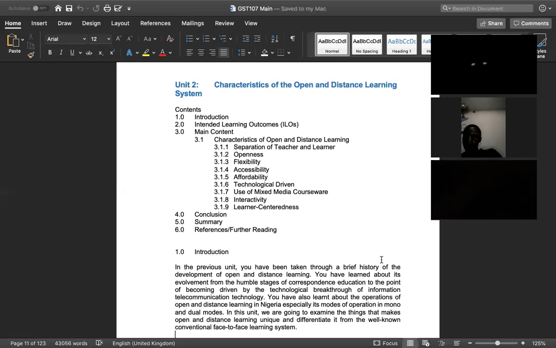Your interaction with the course material, interaction with your facilitator, interaction with co-learners. Interaction with co-learners goes on in the discussion forum, where we expect you to read other students' posts and then respond. You interact with one another. I will be there also. We interact with ourselves.